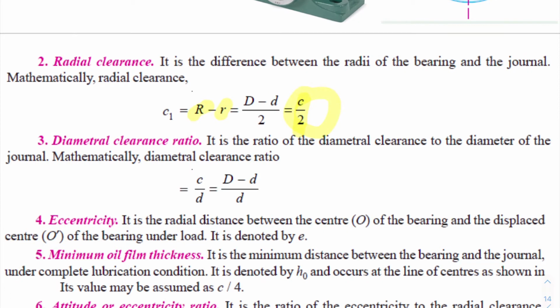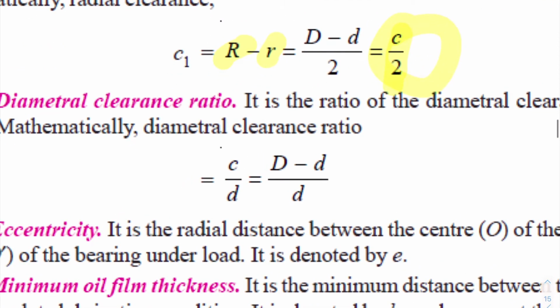And we can go for the third one, the diametral clearance ratio. This is very important when you design any journal. You have to find this value to choose certain things. So what is this? It is the ratio of the diametral clearance to the diameter of the journal. This is the thing that you have to remember. Don't get confused.